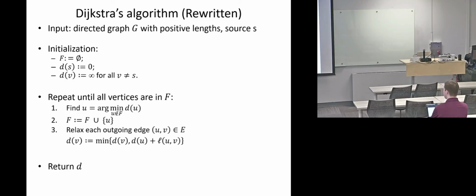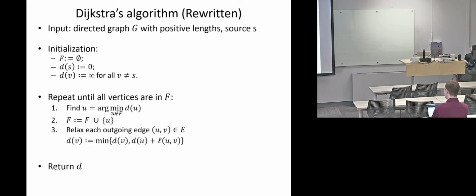Repeat until every node is finalized, and we just do this. Look at a node that is not finalized yet, and take the one that has the minimum estimate right now. Put this node into your finalized set.